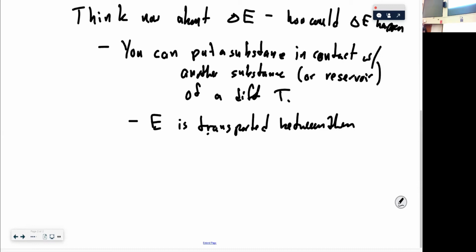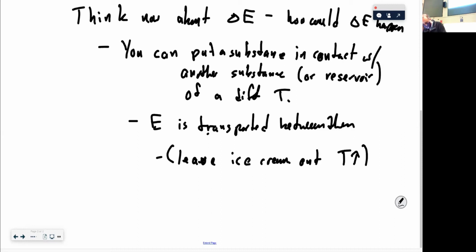The temperature of that colder object should go up. Leave ice cream out, its temperature will go up. You leave hot coffee out, its temperature will go down.